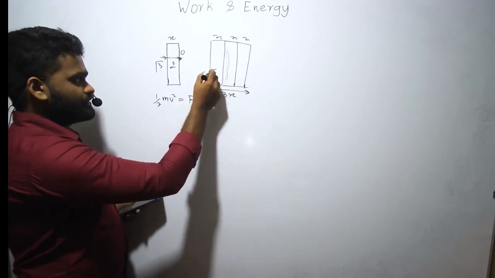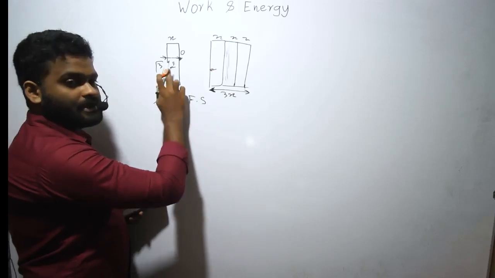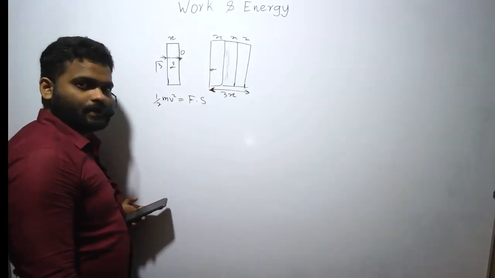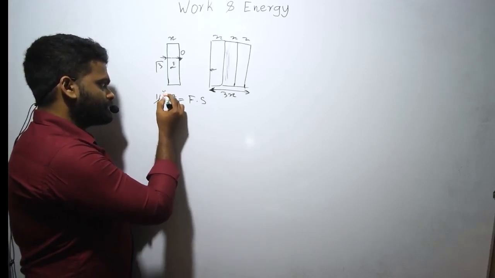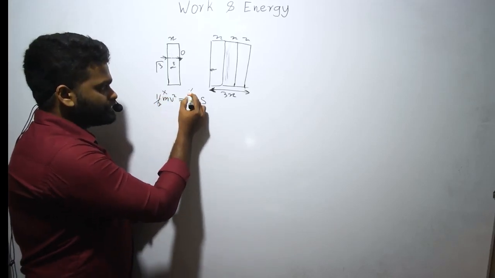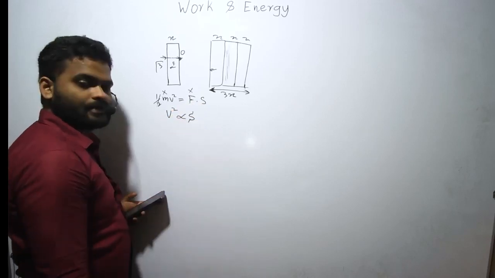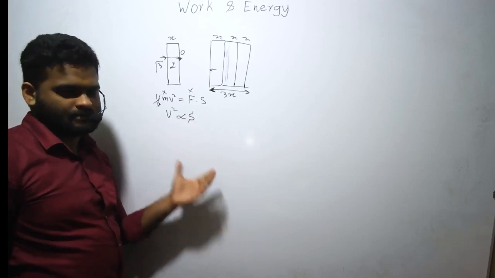And the resistive force is constant. You can say same object in both cases. When you compare these 2 cases, it's the same object that penetrates. So this half m is constant, m is constant, resistive force also constant. So you can use this proportionally. It is easier actually.